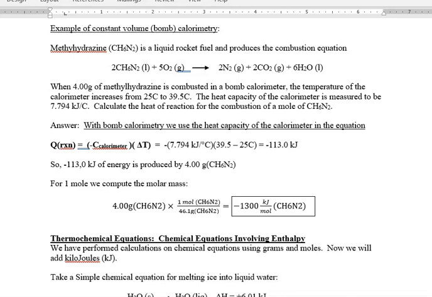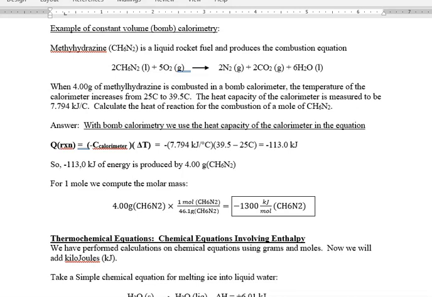You don't have to convert to Kelvin, but if you're not comfortable about the explanation why, go ahead and do it. The heat capacity of the calorimeter is measured to be 7.794 kilojoules per degree centigrade. Calculate the heat of reaction for the combustion of 1 mole.